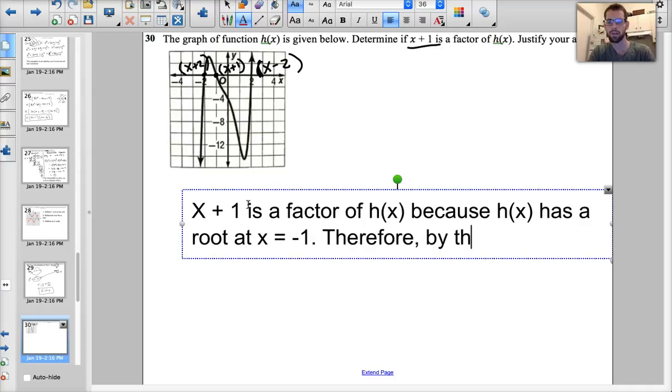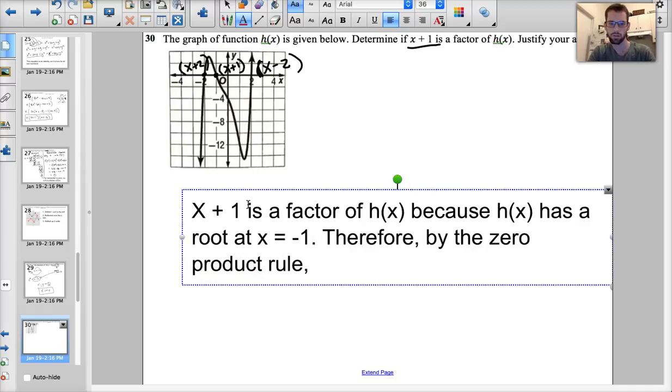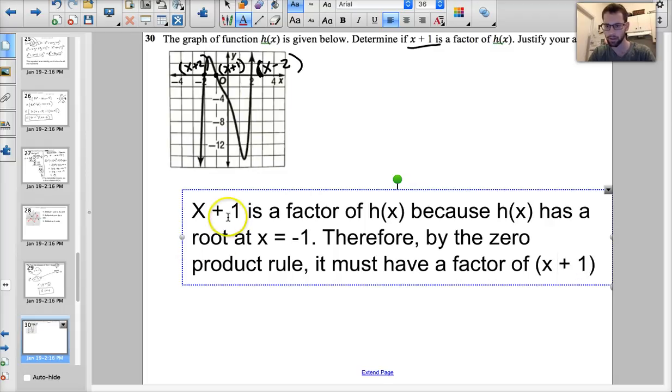Therefore, by the zero product rule, it must have a factor of x plus 1. And that's about as clear as I can explain it. Right? If I have a factor of x plus 1, then I'm going to have a root at x equals -1. That's how it works.